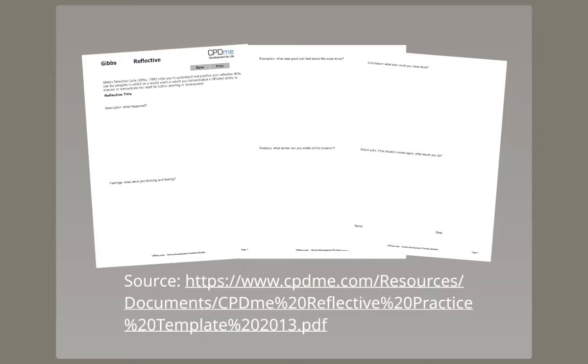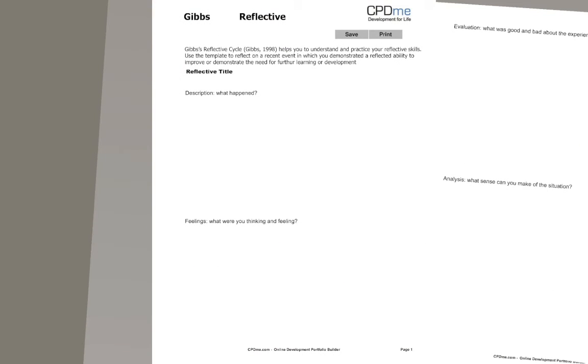This here on the screen is one from CPD.me, which you can go to cpdme.com and find, and you can print it out and use it as your reflective practice record. And this uses Gibbs' model to a large extent.